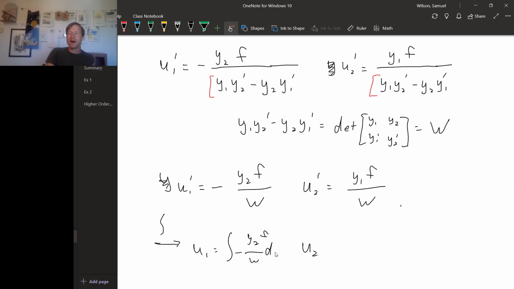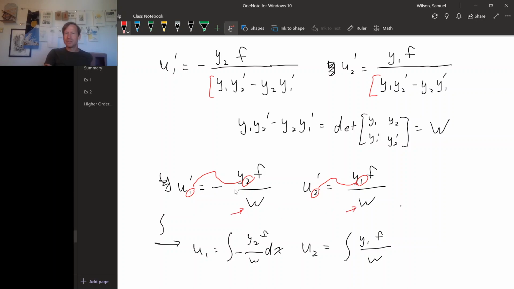Now, something to keep in mind about using these formulas to find u1 and u2 is that it matters which function you've labeled u1 and u2, right? The formula for u sub 1 prime has y sub 2 in the numerator, and the formula for u sub 2 prime has y sub 1 in the numerator, and also which function in your fundamental set of solutions, the y's, which you call y sub 1 and which you call y sub 2, affects the sign of the Wronskian.